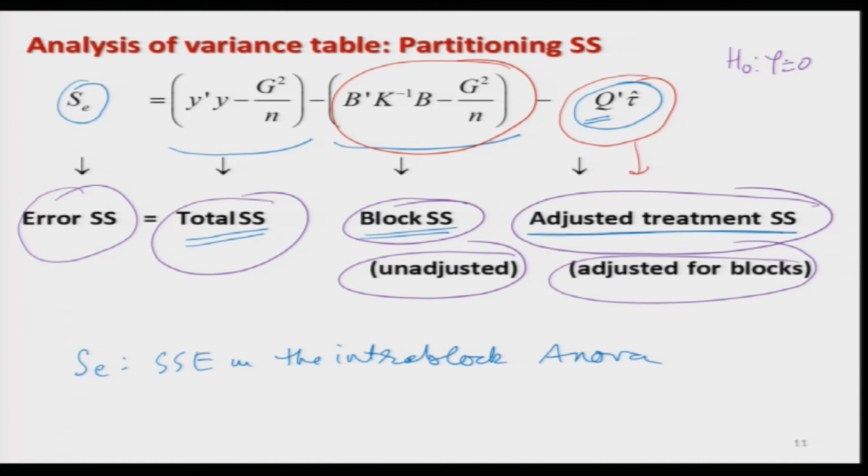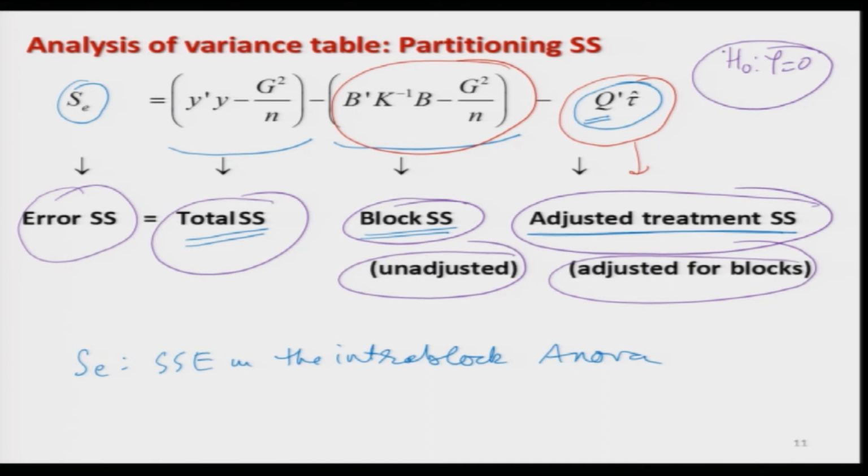But the block sum of squares is obtained as unadjusted block sum of squares. So, now if you try to see, when you are considering the test of hypothesis for the treatment effects, then you are trying to find out the adjusted treatment sum of squares and unadjusted block sum of squares.